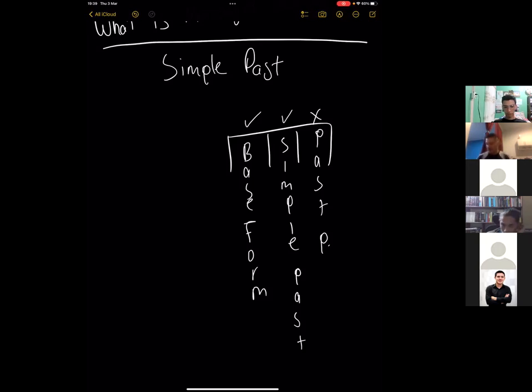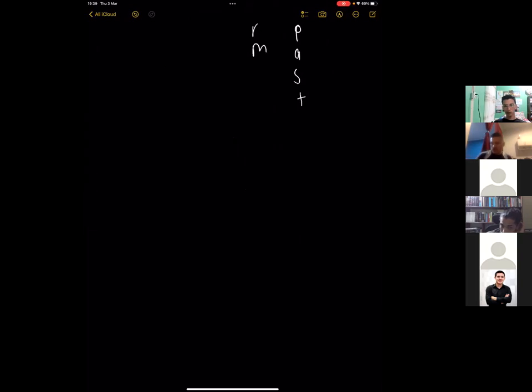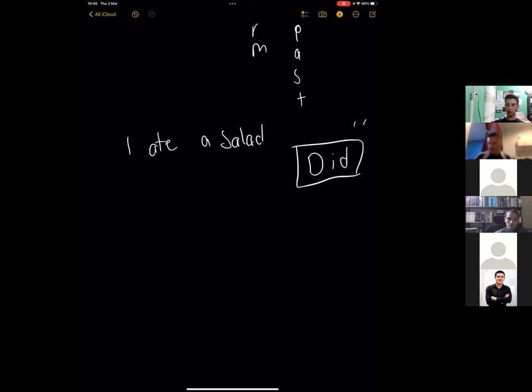For example, let me give you a sentence. A sentence in past could be, for example, I ate a salad. But if I want to make it negative, then I need to use the auxiliary. And as Kenny said, the auxiliary for simple past is did, okay? So if I want to make it negative, I actually need to go ahead and insert the auxiliary, which in this case needs to go before the subject.